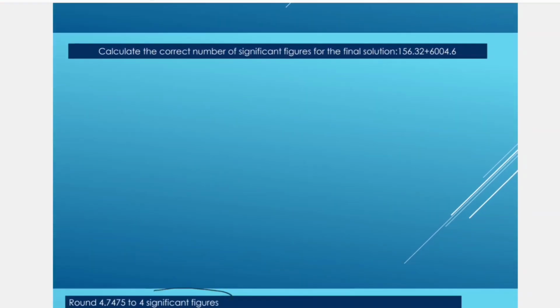So the next problem is the case of a simple addition. 156.32, we have to add this to 6004.6. The same rule will apply here a little bit differently. In case of addition, we will look for the number that has fewer digits after the decimal place, and in our case it is this number.